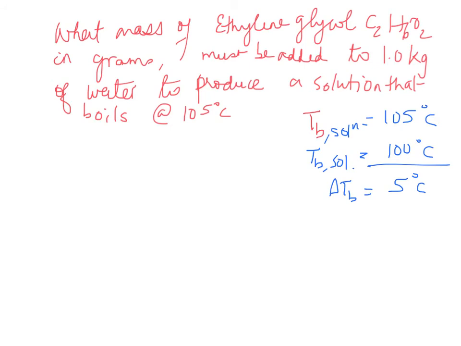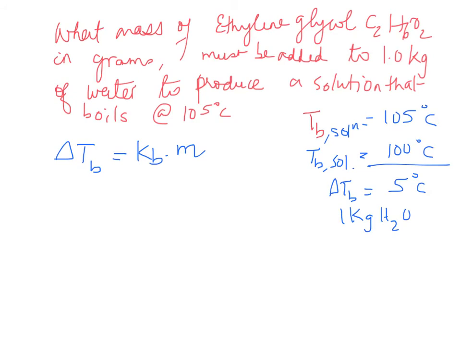Now we have 1 kilogram of water, right? So I can say delta Tb is equal to Kb times the molality. Of course, I will need the value of Kb, and that's a number you can get from a table in your book.